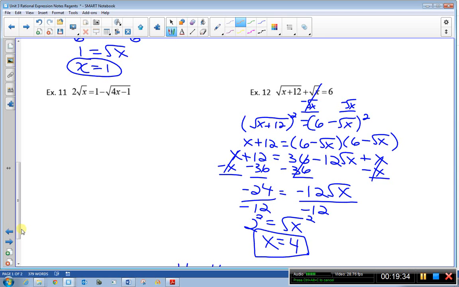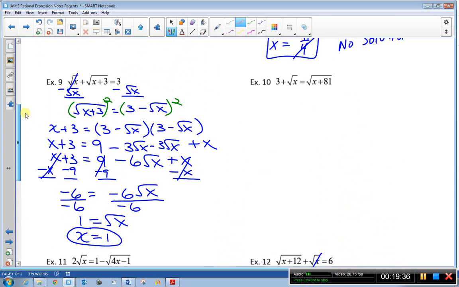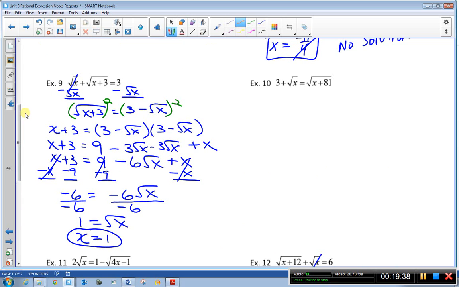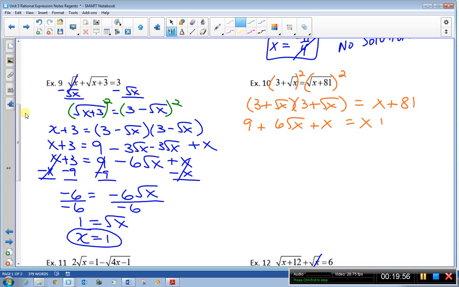So maybe I'll just solve these other two real quick here. So I'm going to square and square. So it's 3 plus radical x and 3 plus radical x equals x plus 81. So it's 9 plus 6 radical x plus x.